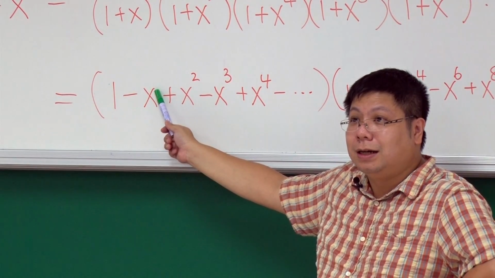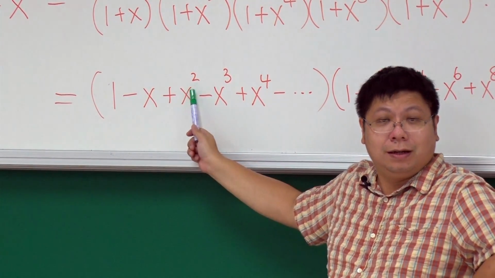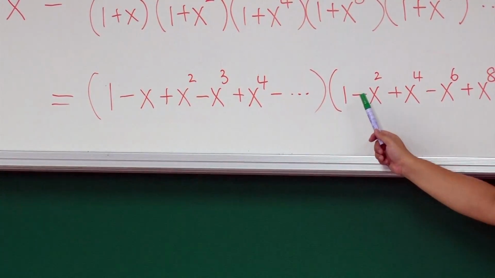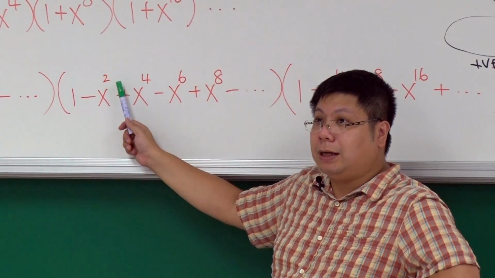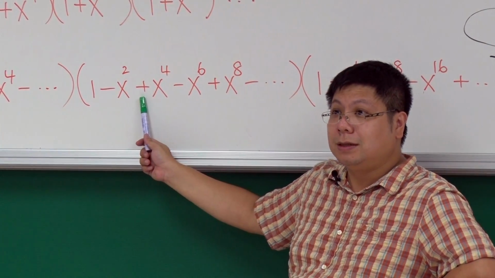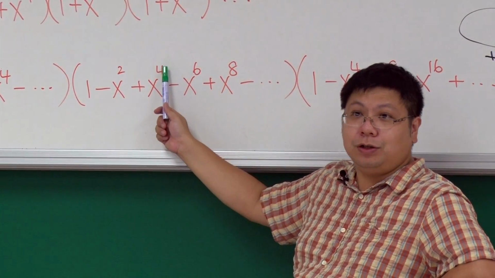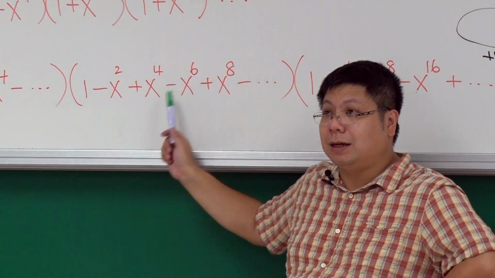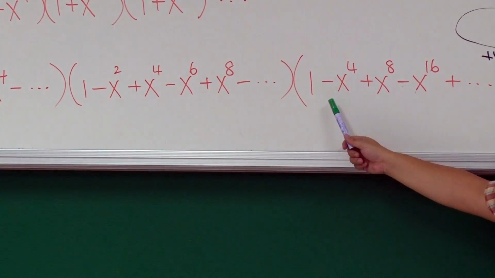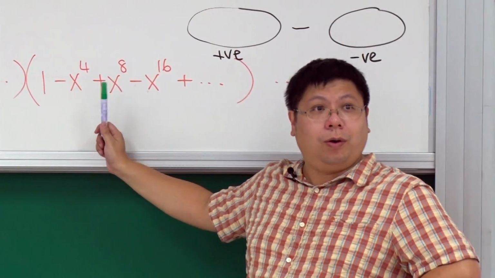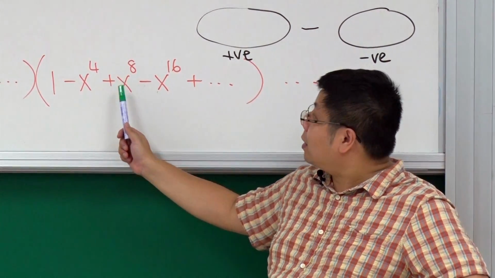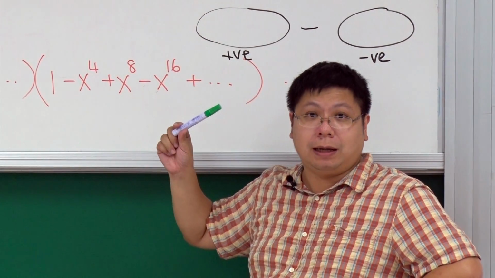Is that okay? And then plus if even. Similarly for this one, I have a minus when I'm picking 2 an odd number of times. I have plus when I'm picking 2 an even number of times. Is that okay? Similarly for this one, I'm having minus when I'm picking 4 an odd number of times, and then plus when picking 4 an even number of times.